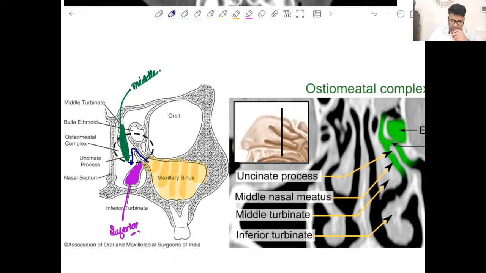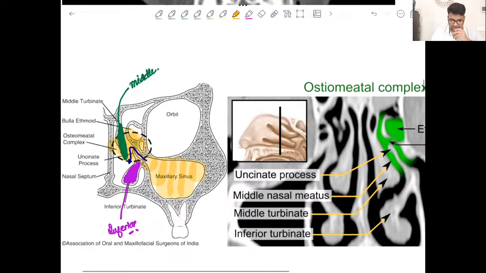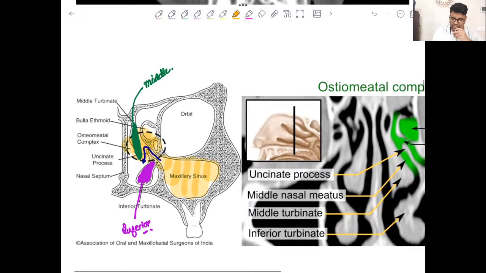So this is the course of the opening of the maxillary sinus, and this all area is known as the osteomeatal complex, right? So this, which is circled in a dotted circle, is all osteomeatal complex. Now osteo means the bones and meatus is related to the middle meatus here. So that is the osteomeatal complex.